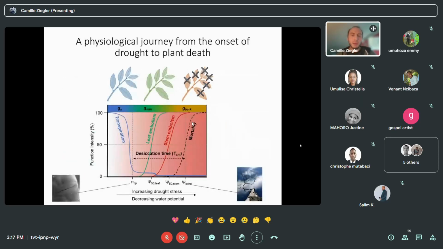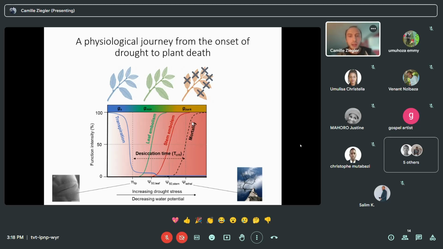So all these mechanisms interact to define what we call desiccation time. You see here on this graph, it's the time between stomatal closure, represented by turgor loss points, and the water potential causing tree death. There are several phases during dehydration. The first one is when water losses are dominated by stomatal conductance, which is represented in blue at the top of the graph.